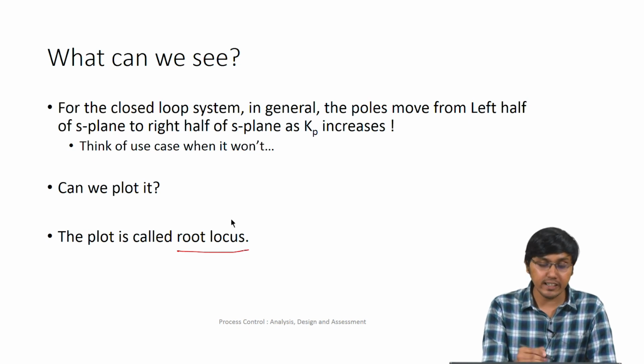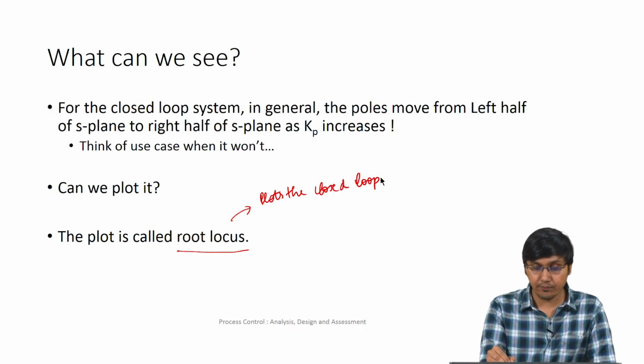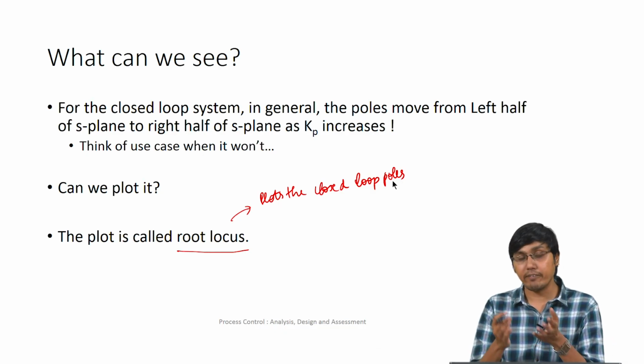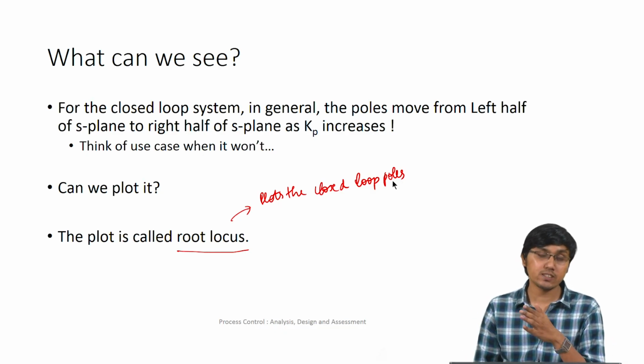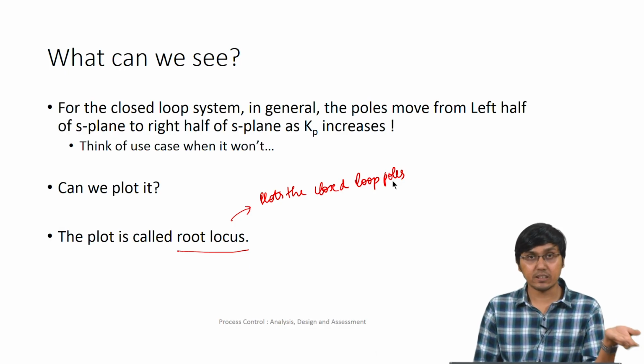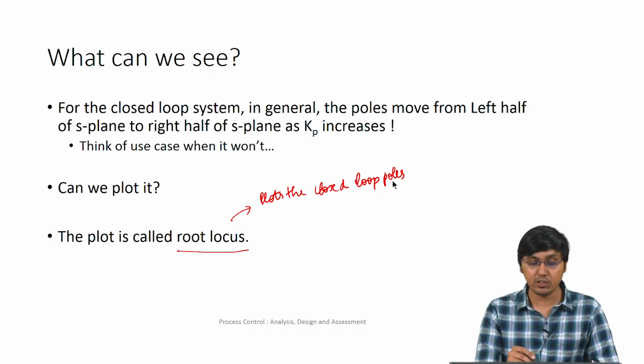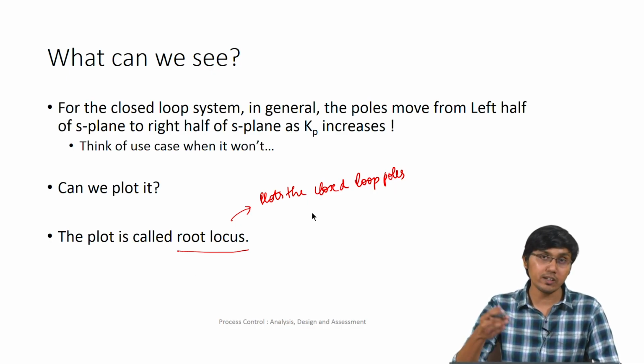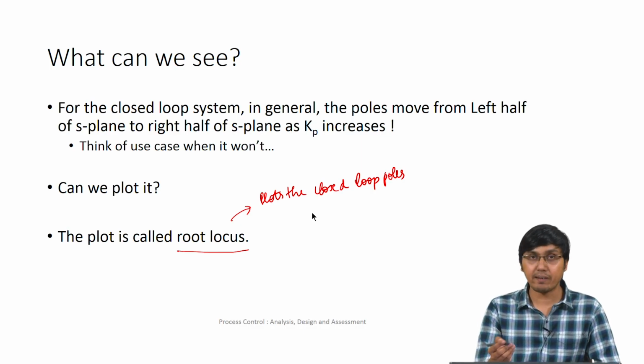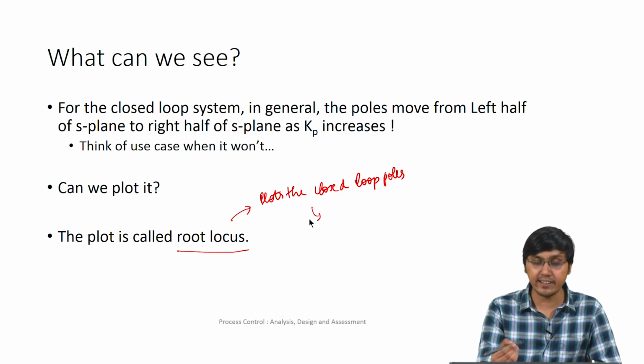So root locus basically plots the closed loop poles, because when all the closed loop poles were on the left half of the S plane, the system was stable. When at least one pole moved to the right half of the S plane, the system became unstable. So it plots the movement of closed loop poles when some parameter changes; in this case we are interested in the gain.